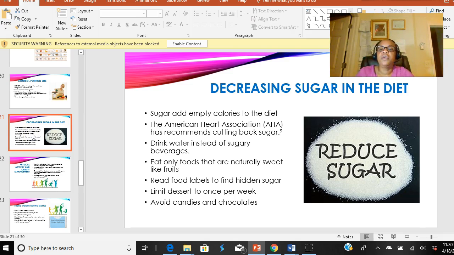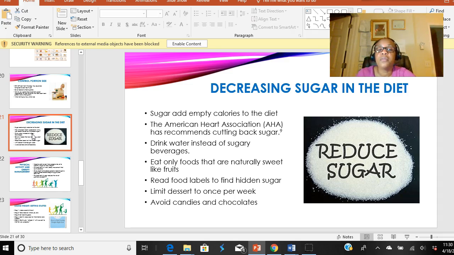Decreasing sugar in the diet. Sugar is empty calories. Yes, it tastes good, I know that, but sugar is not good for us. And another of my references, this one coming from the American Heart Association. The association recommends that persons cut back on sugar in the diet.